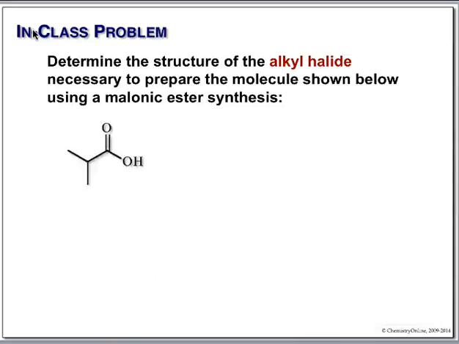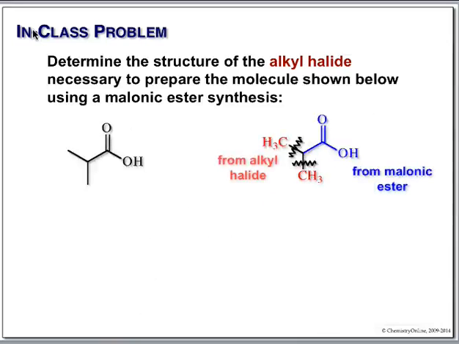How would you make this? What's the alkyl halide? Which carbons came from malonic ester? Which came from the alkyl halide? Malonic ester gave us the 2 carbons of the acetic acid.